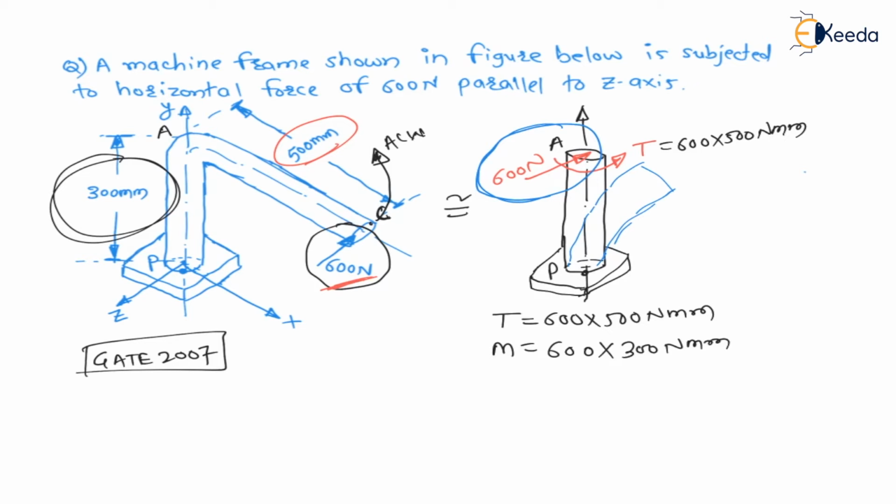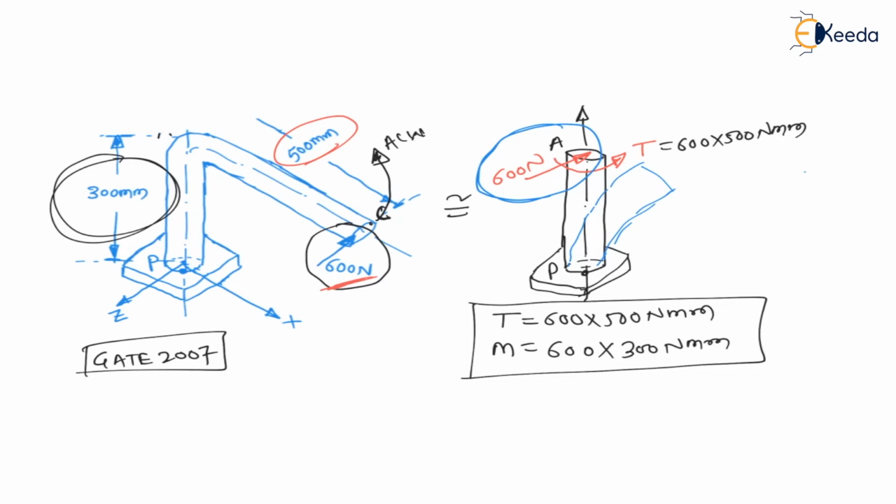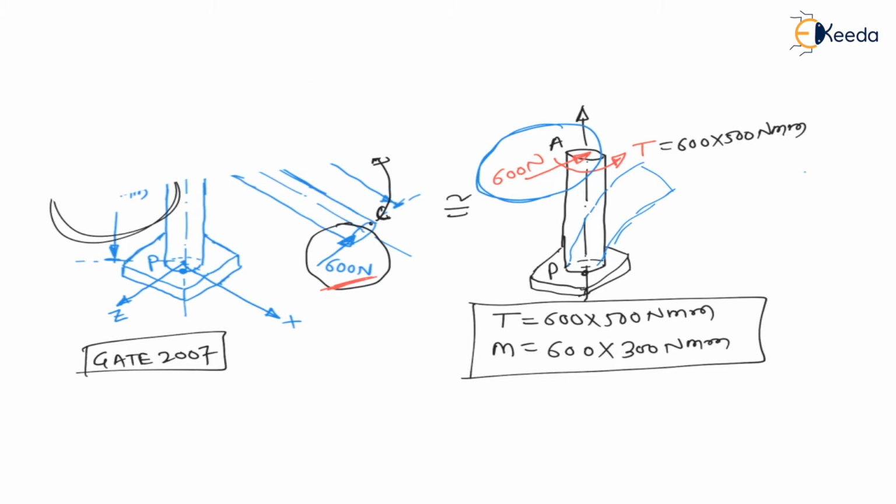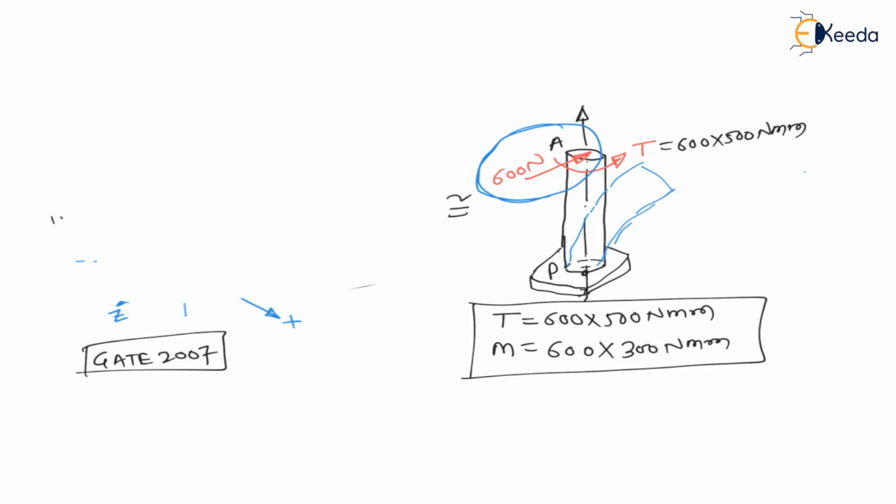Therefore can I say at point P there is a twisting moment of constant magnitude 600 into 500 Newton mm, and at point P there is a bending moment of magnitude 600 into 300 Newton mm. Therefore the element at P is subjected to combined bending and twisting moment, right?